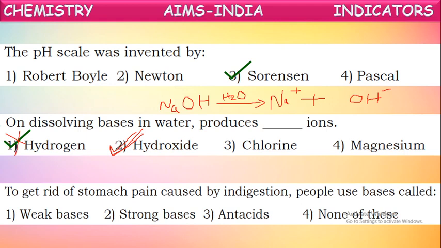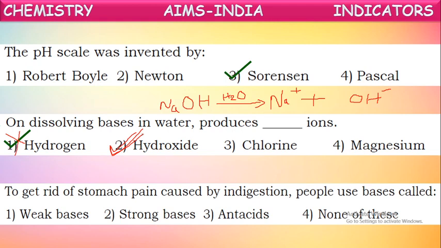But when it is produced in excess, we feel indigestion and we suffer from a burning sensation inside. To get rid of this pain and indigestion, people take medicines called antacids, which are made up of mild bases. For example, milk of magnesia, which is chemically magnesium hydroxide.